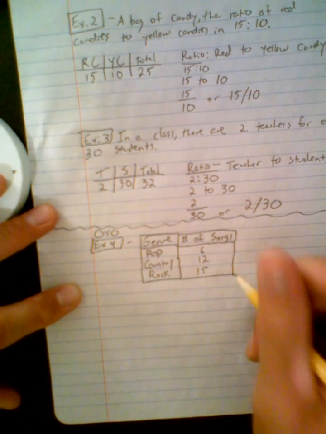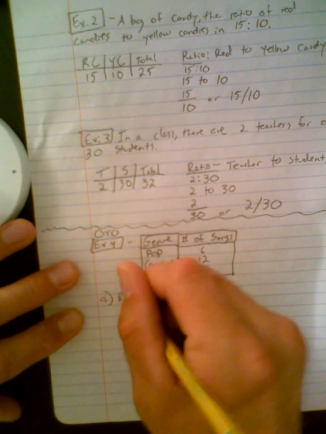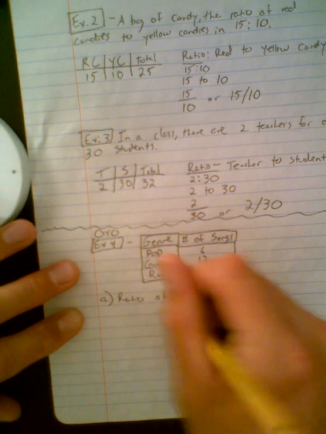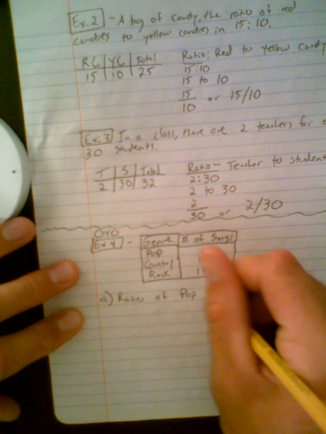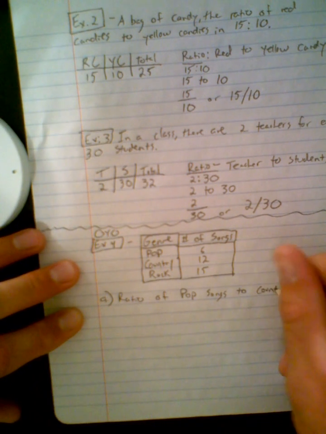All right. So part A is ratio of pop songs to country songs.